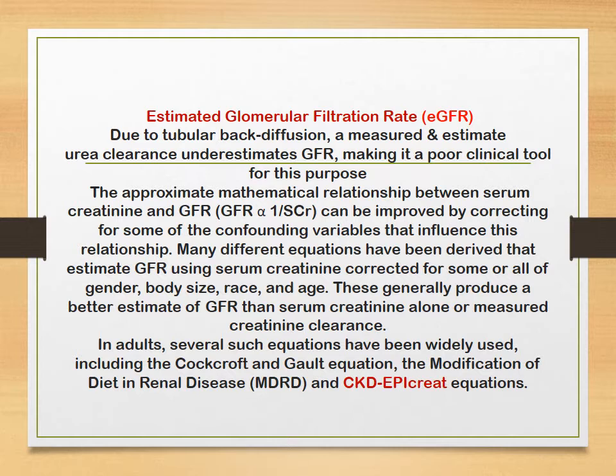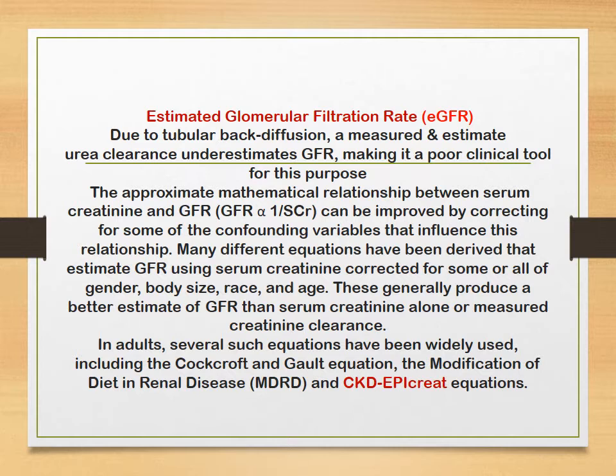Most important is the time collection of urine over 24 hours and the care and accuracy in collection of that urine. So there is what is referred to as estimated glomerular filtration rate.